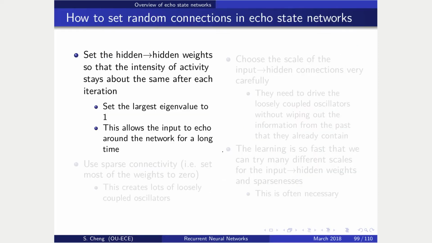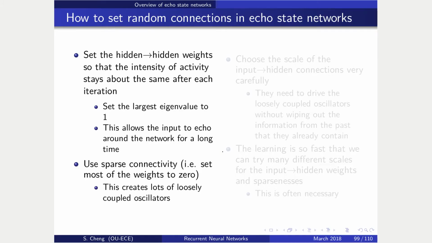Another thing is that you typically want sparse connectivity when you connect back, in the connections between the hidden and hidden weights.